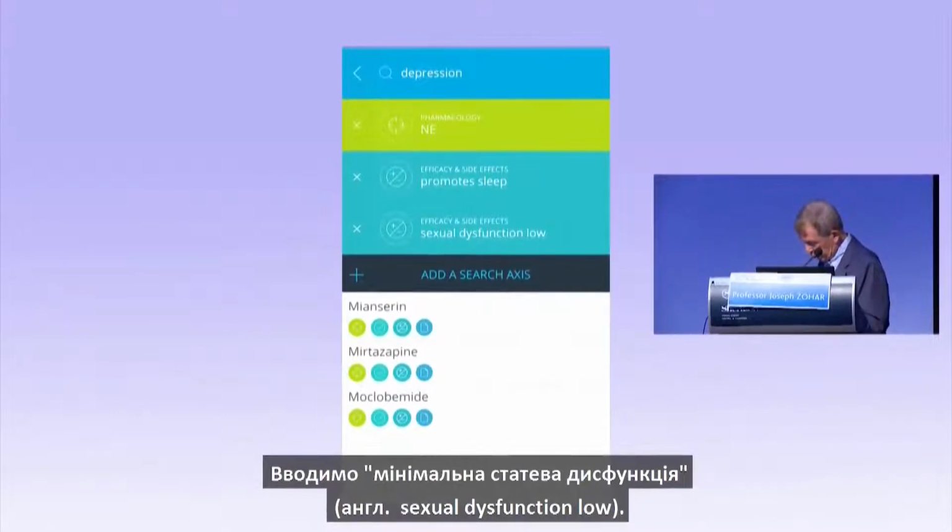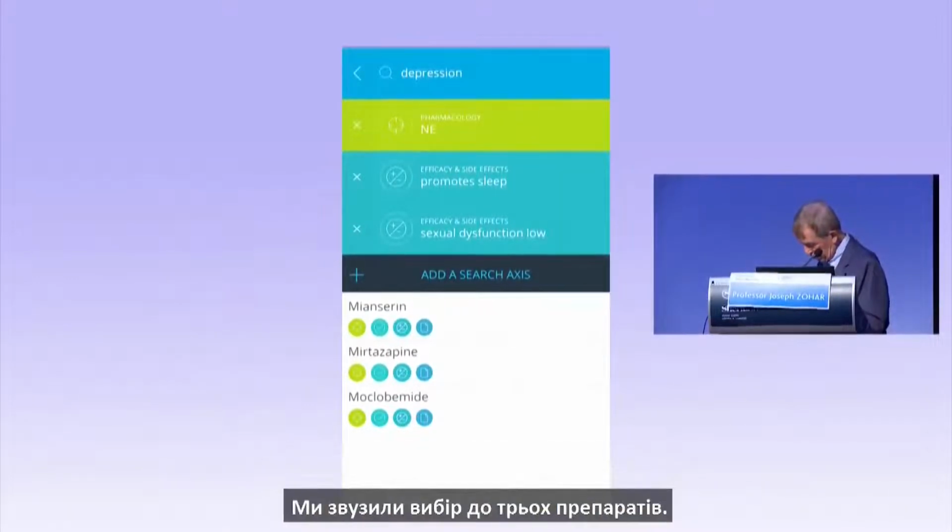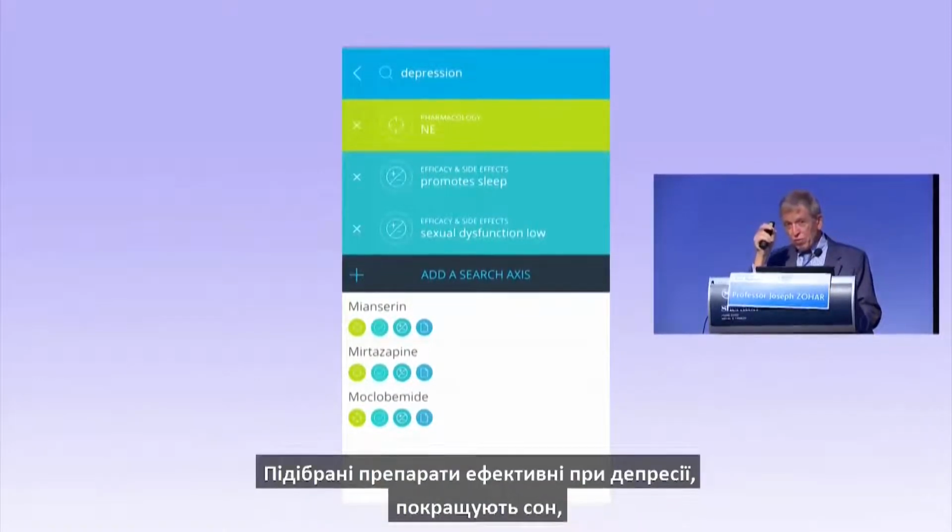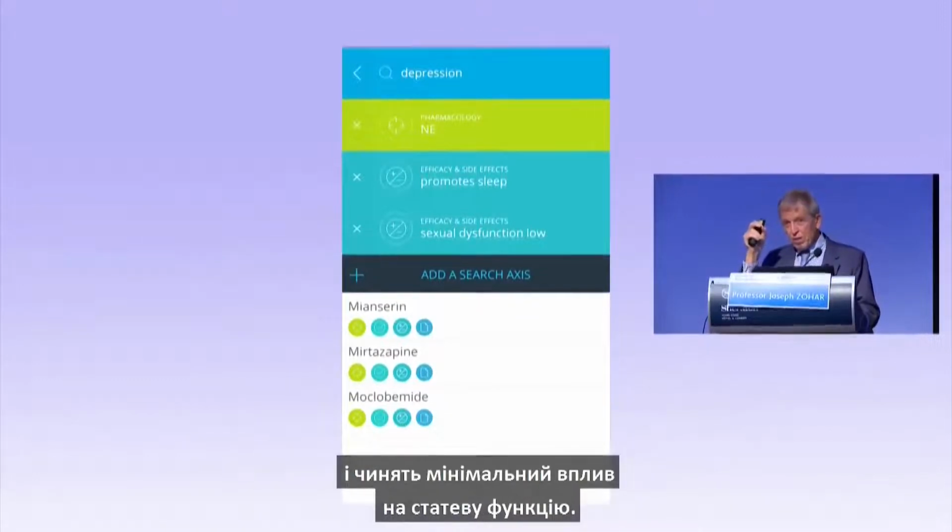You see sexual dysfunction low. So now we zero down on 3 medications for the patient that we are seeing in the office, that help us to zero down on medication for depression that promotes sleep and has very low sexual dysfunction.